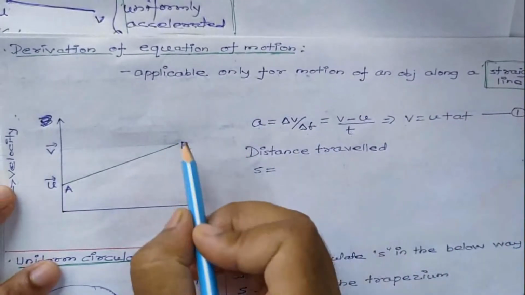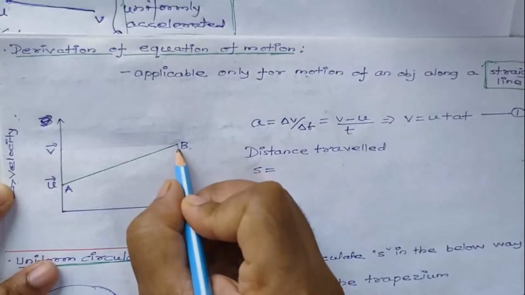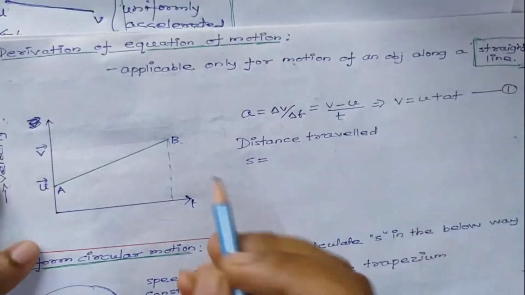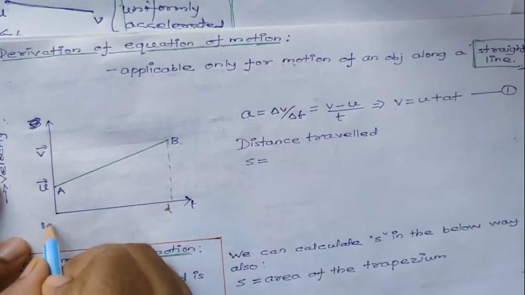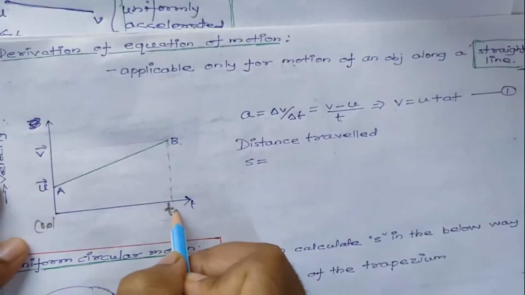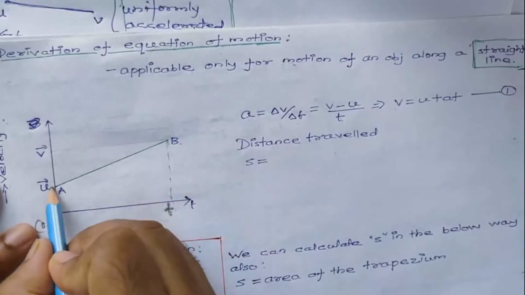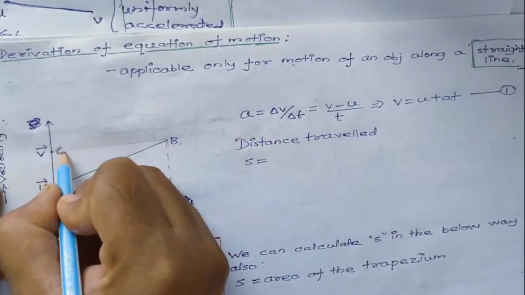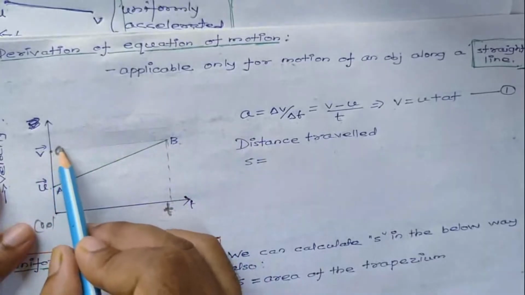Imagine a virtual line. This is the origin, 0 comma 0. From 0 to this point the time spent is t. From this point to the point A it is u, and this is the point C, since B is already taken. The velocity corresponding to point C is v.